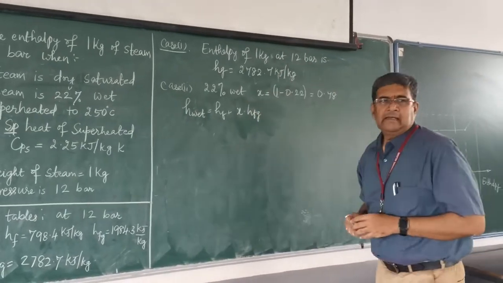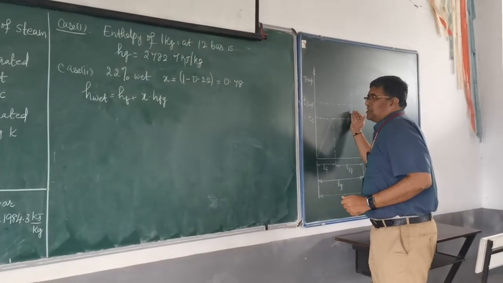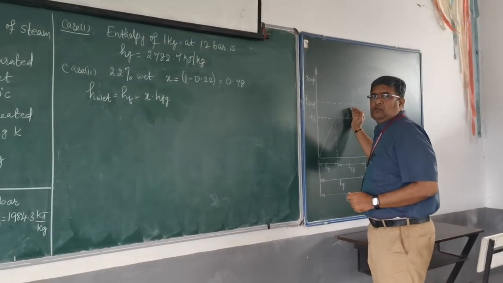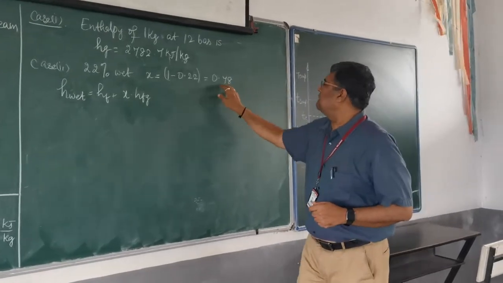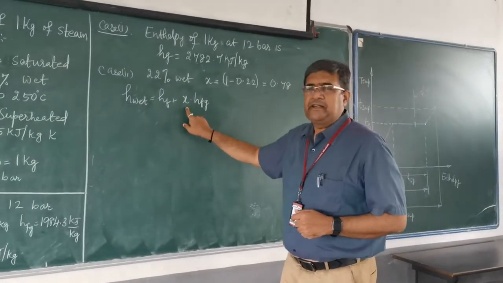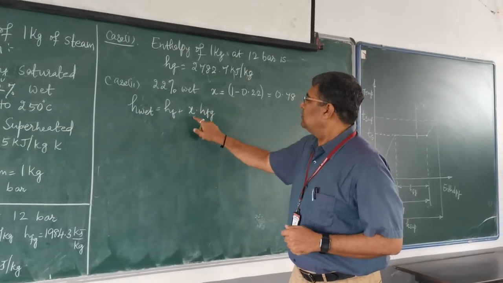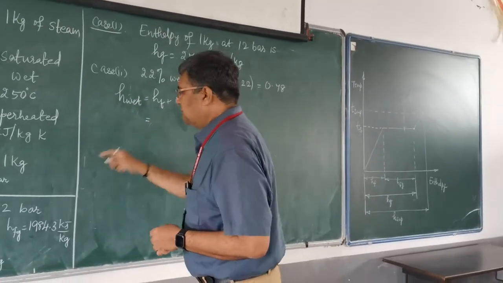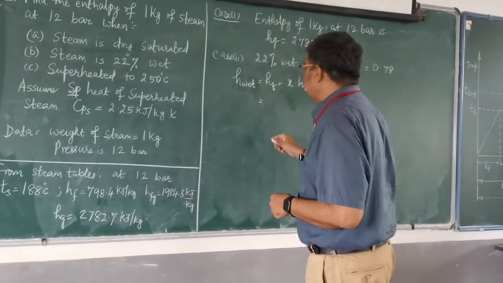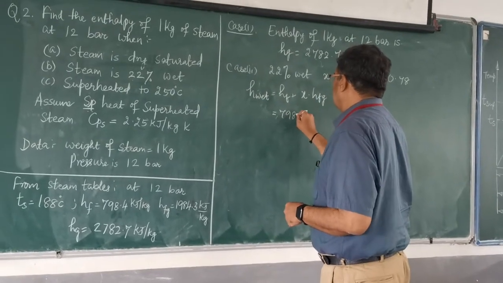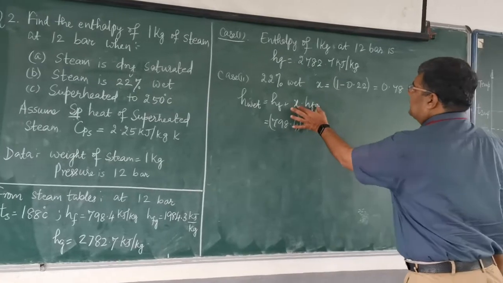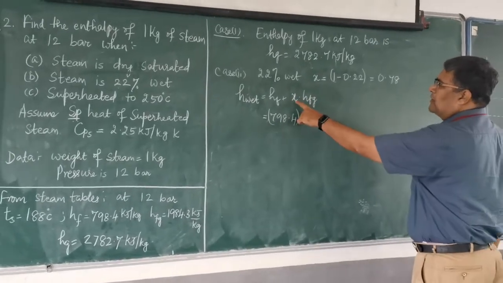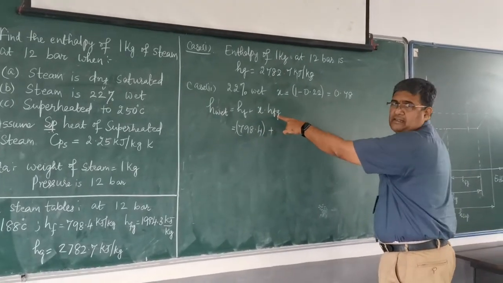we will write it as, because we have reached this stage, till here we want the heat. Till here means what? 78%. So the value of x is 0.78. So we will write this as hf, we know the value of hf here, 798.4, plus x into hfg. If x is 1, it becomes directly dry saturated steam.